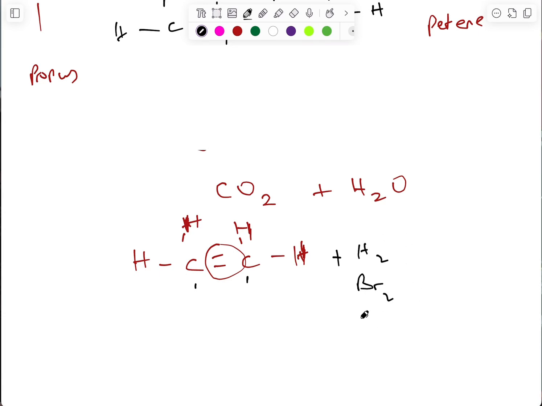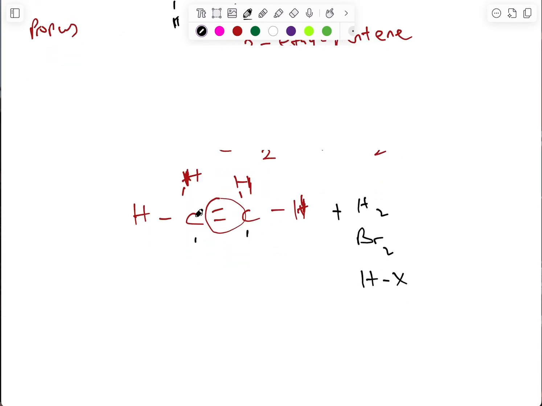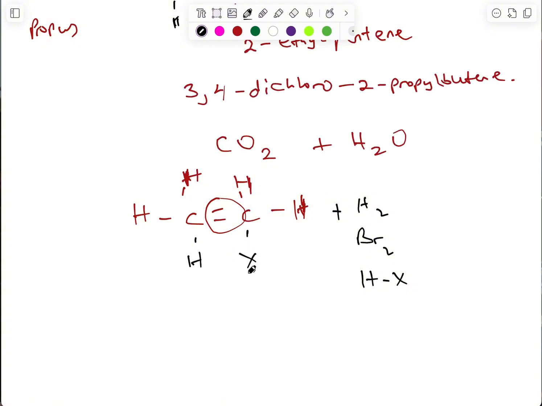But we also have what we call hydrohalogenation. In this case, we're bringing a hydrogen halide to react with this guy. And so therefore, hydrogen will come to one side and the halogen will come to the other side. So you also have haloalkane.